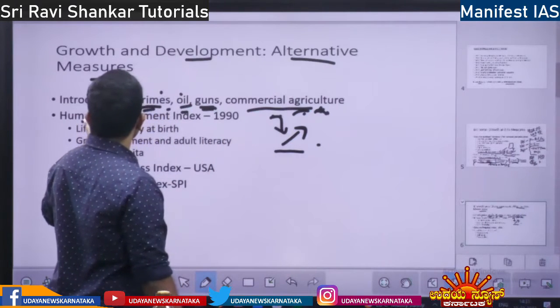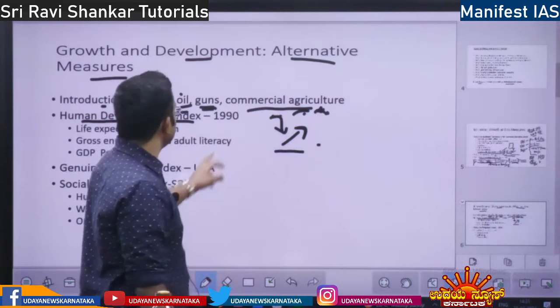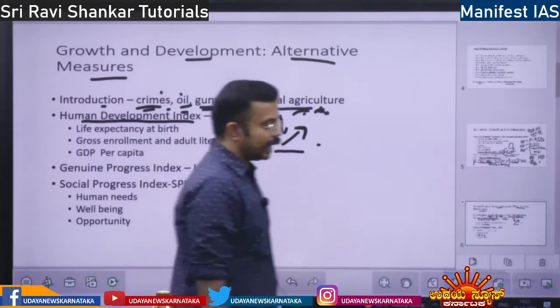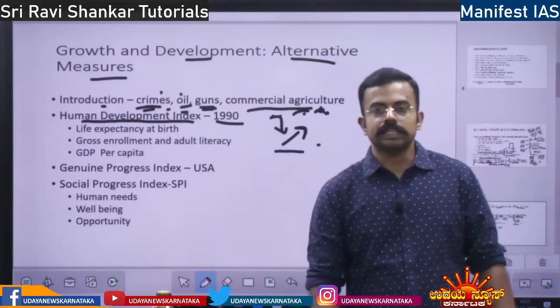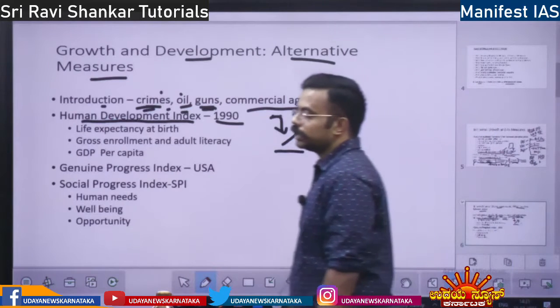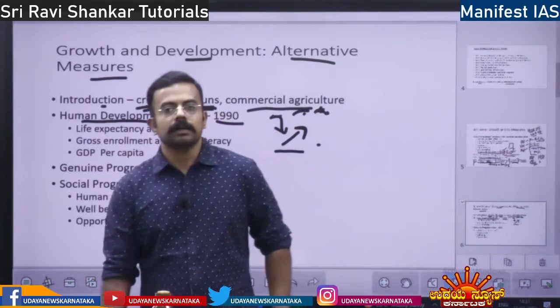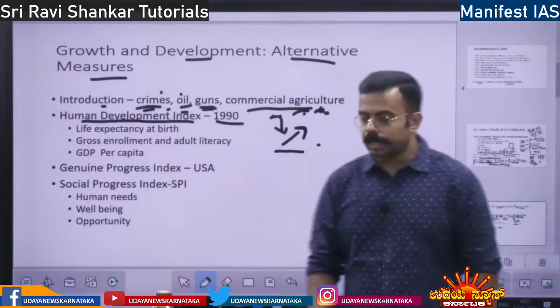So that is the drawback of GDP. So we have the Human Development Index. The Human Development Index was given in 1990. Who gave this? This index was given by Amartya Sen, Indian economist, and Mehboob ul Haq, Pakistani economist. The names are important.